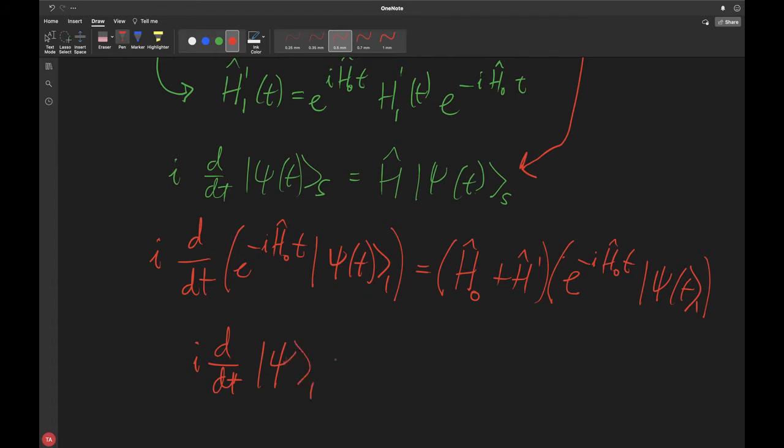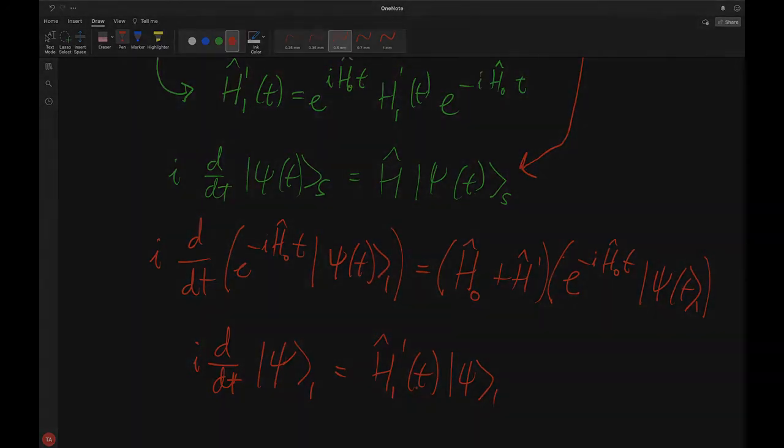What we had here is the same as the interacting part of the Hamiltonian in the interaction picture, so it depends on the time, times the psi in the interaction picture. So this doesn't sound very surprising, right? That in the interaction picture, the changes in the state are described by the interacting part of the Hamiltonian.